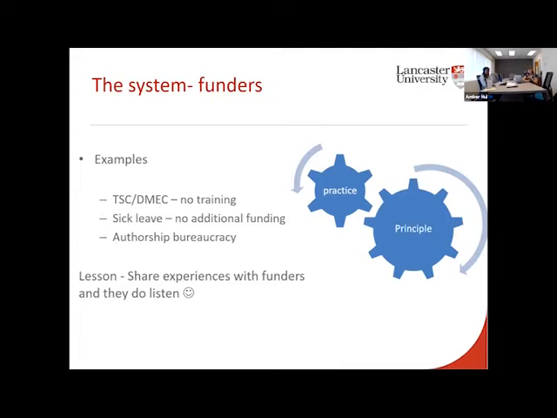The funders then require you to have a trial steering committee and a DMEC, which I mentioned earlier. And although they're independent review committees, as a research lead, you have to find the people to sit on them. So you have to send emails around and then say to people, will you be on our trial steering committee? But you're then not allowed to have any kind of informal contact with them, and they shouldn't be people you've ever worked with before.